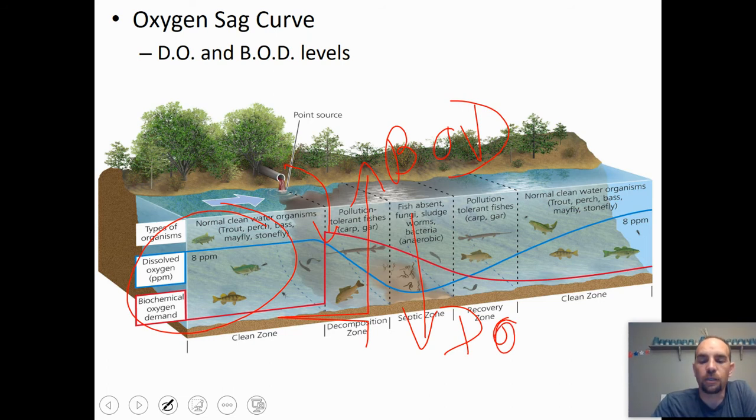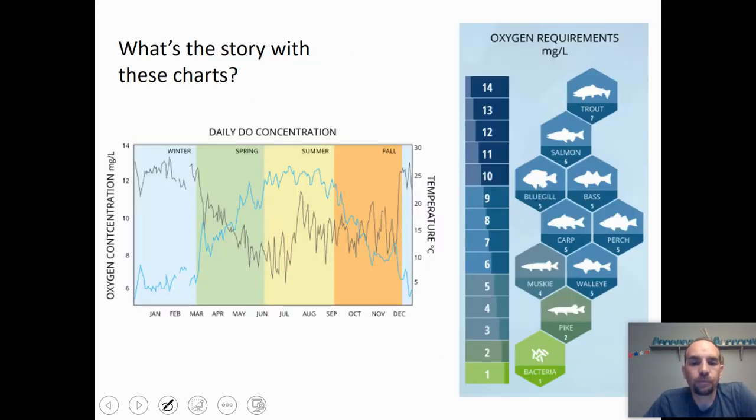Okay. And then as it moves downstream, starts to become cleaner water again, so your dissolved oxygen will go back up, and your biological oxygen demand will go back down because there's less bacteria. And bacteria feed off of the oxygen, which is why you see that flip right at that point source.